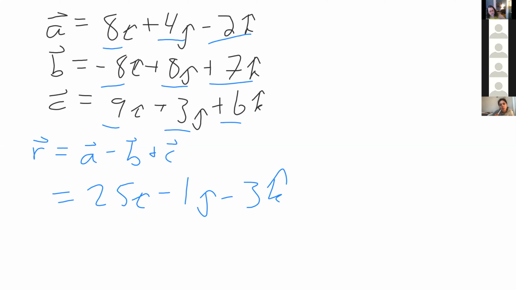You could do some graphical stuff to find the direction off the positive z-axis if you wanted to. We can also use one of our tools. Remember the last problem, where they walked us through using the dot product to find the angle between two vectors.